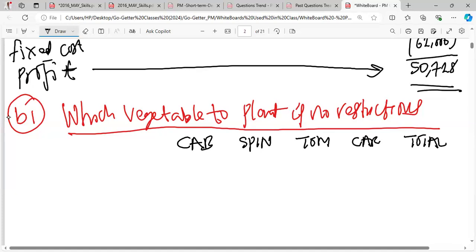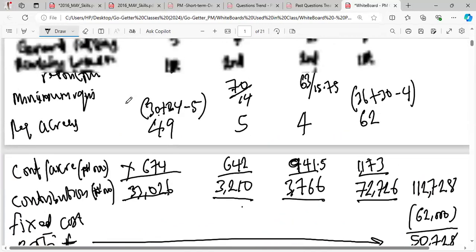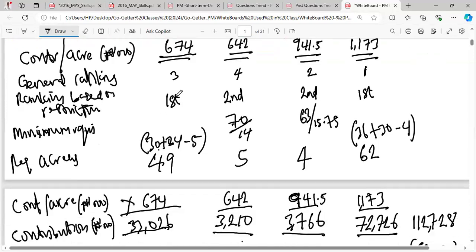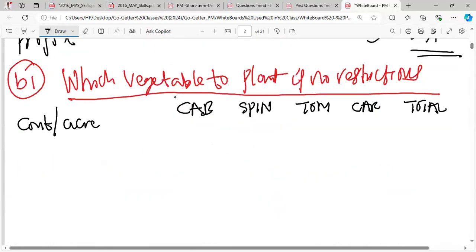So the first thing to do here is your contribution per acre. So what is your contribution per acre? We have it here, 674. Okay, let me put it down here in naira sign.